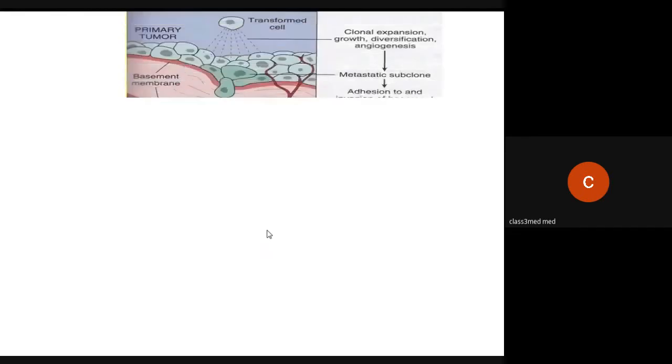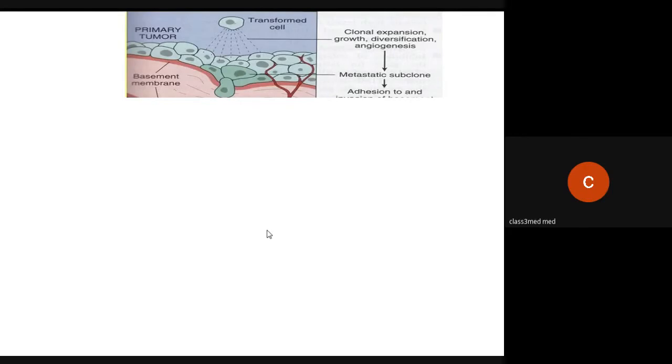So for the tumor cell to metastasize, it should first detach itself from the tumor mass. It is stuck in the tumor mass, and the tumor mass must become single cells. Then when detached from the tumor mass, it should be able to destroy the basement membrane.